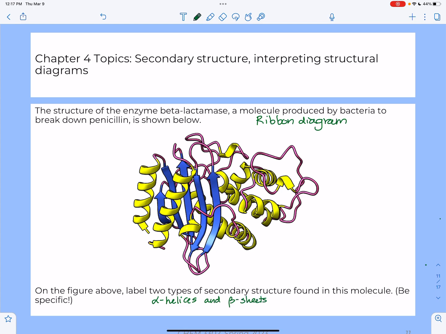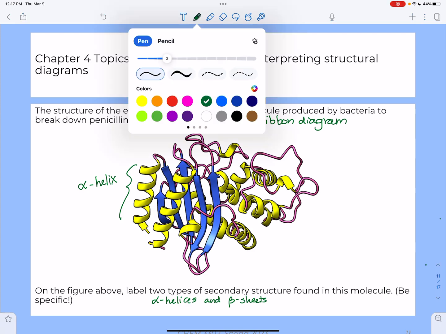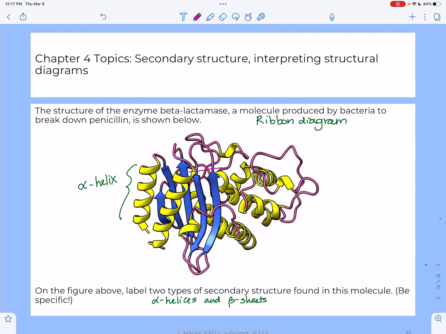Okay, so we've got an alpha helix right here, right? And I'm going to change color so it shows up more. Right here, okay, we have a beta sheet.